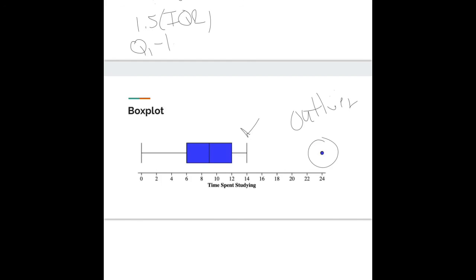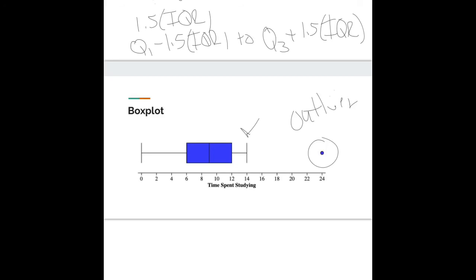Q1 minus 1.5 times IQR all the way up to Q3 plus 1.5 times IQR. That creates fences. Anything that falls out of that range, which we call fences, you consider an outlier.